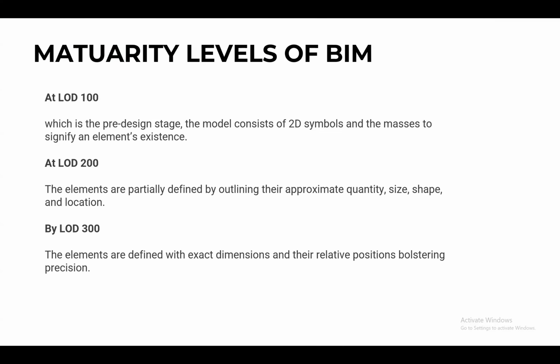Then we can discuss LOD 200. Elements are partially defined, outlined, with approximate quantities, sizes, shapes and locations. You can get a basic model with all the quantities, and you can identify sizes and shapes of the elements. So this is also a basic model.